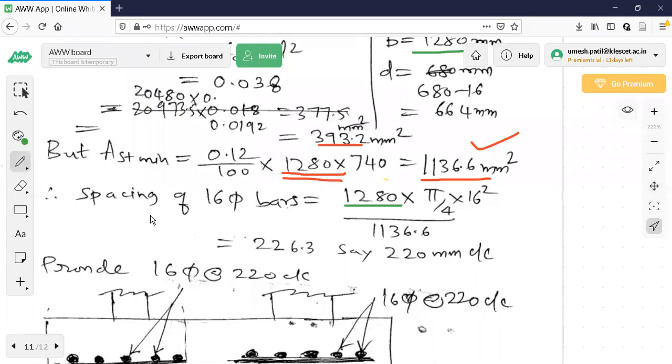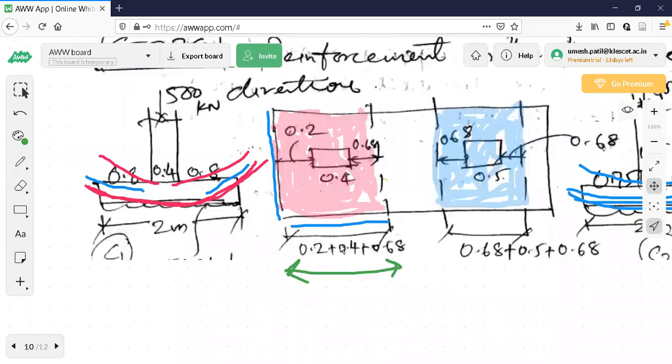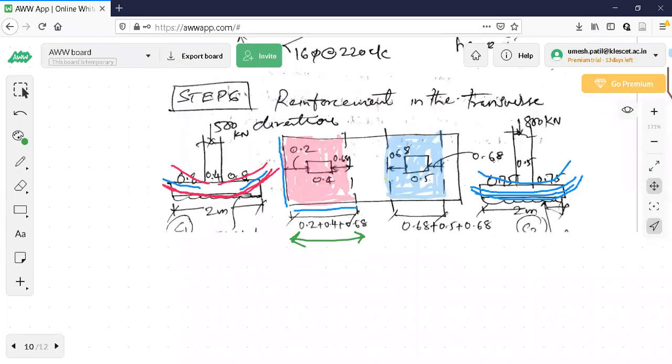So spacing of 16 bars is equal to 1280 because in this width I am going to provide the reinforcement. Just observe this. Whatever green this one, this is 1280. In this only I am going to provide the steel in the transverse direction. That is why I should use 1280 and not 2000.